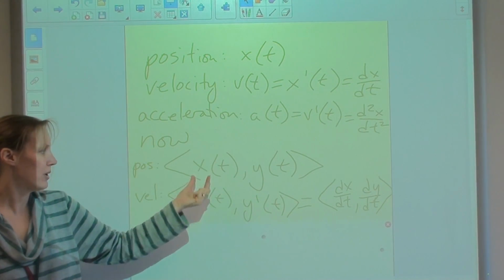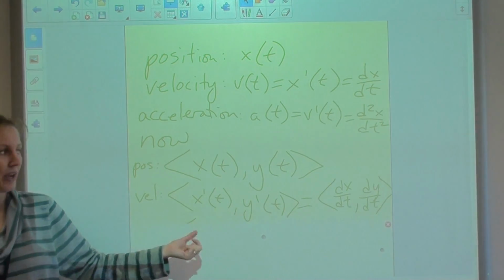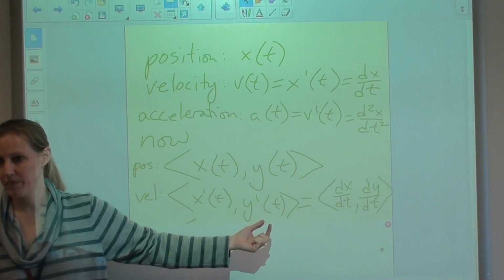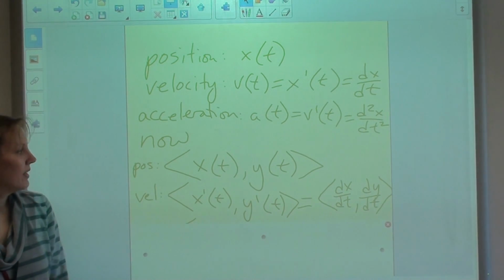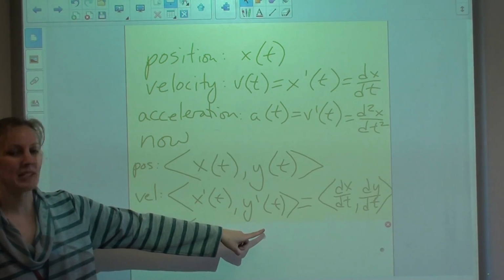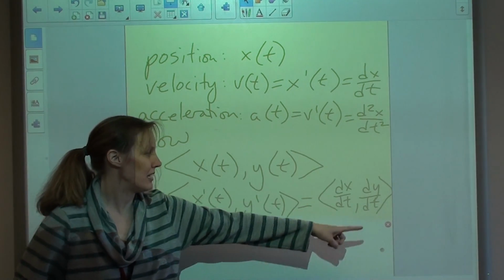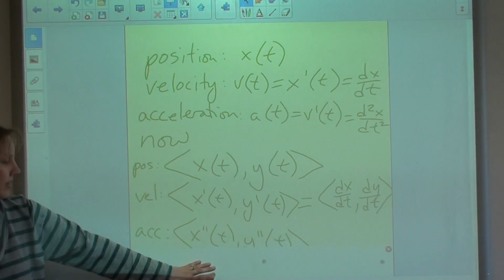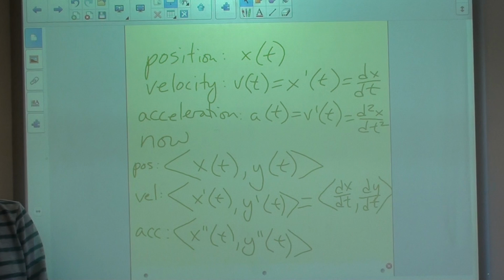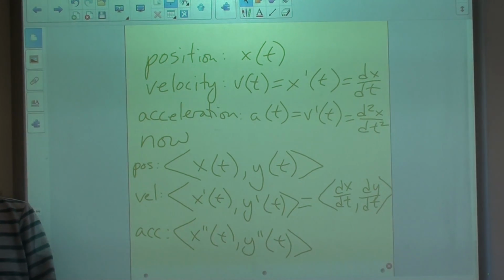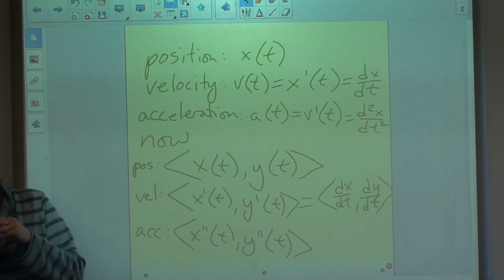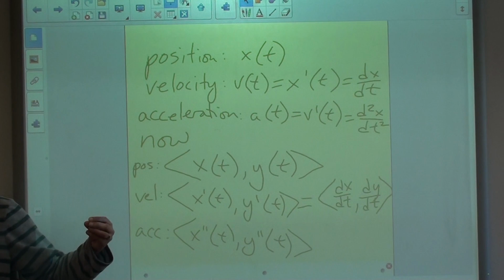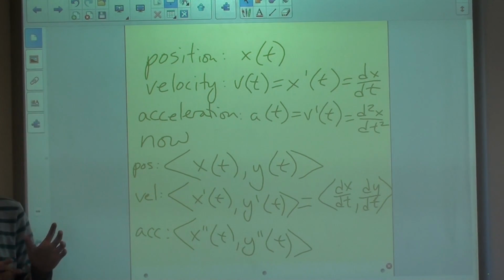You have the rate of change of the horizontal motion, you have the rate of change of the vertical motion. Which again, x prime, y prime is the same thing as dx dt, dy dt. And then acceleration is just x double prime, y double prime. So it's the same thing we've been doing. The only difference is that now we get to take what it was once just linear motion and we can make it two-dimensional.